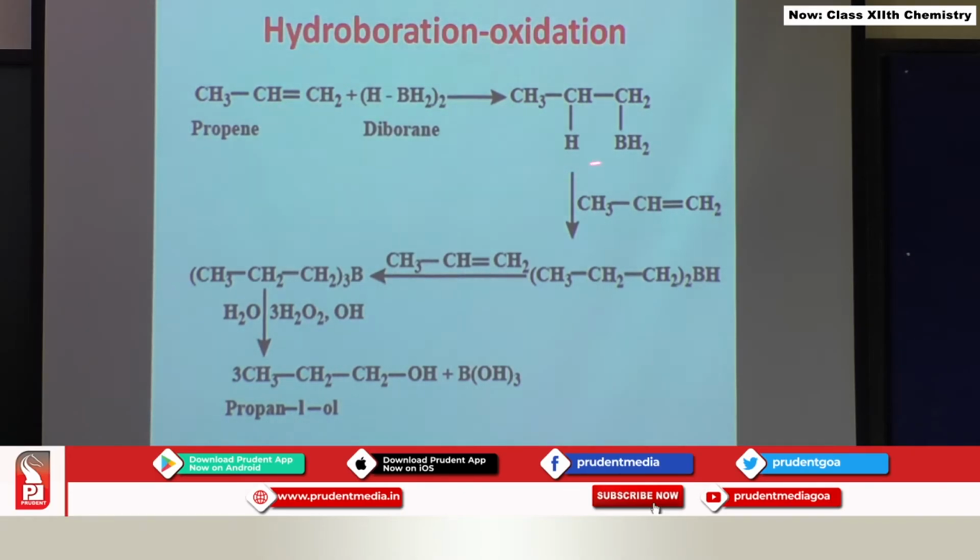So you are going to get this product, and again to this product an alkene is added. Now this molecule can be described as an alkyl group attached to BH, with the alkyl as negative and hydrogen plus. So when this molecule adds to the alkene, you are going to get dialkyl borane, and when we add the third alkene molecule, we are going to get trialkyl borane.